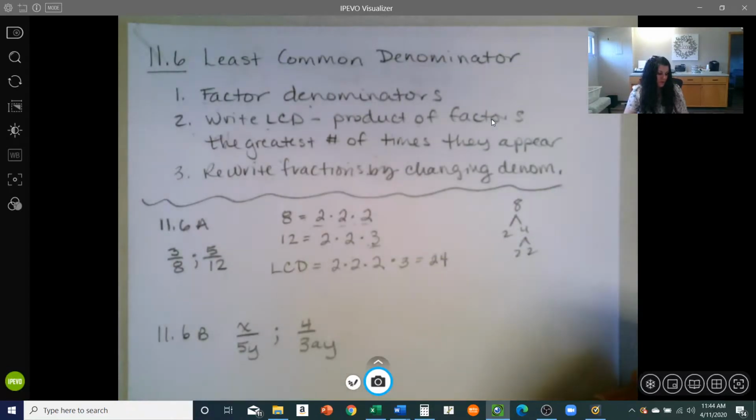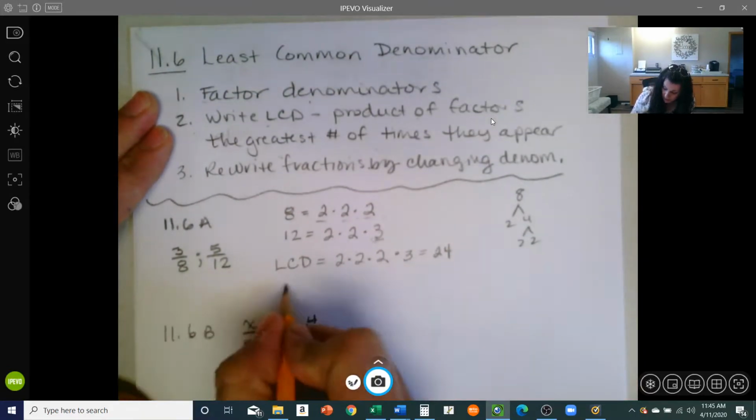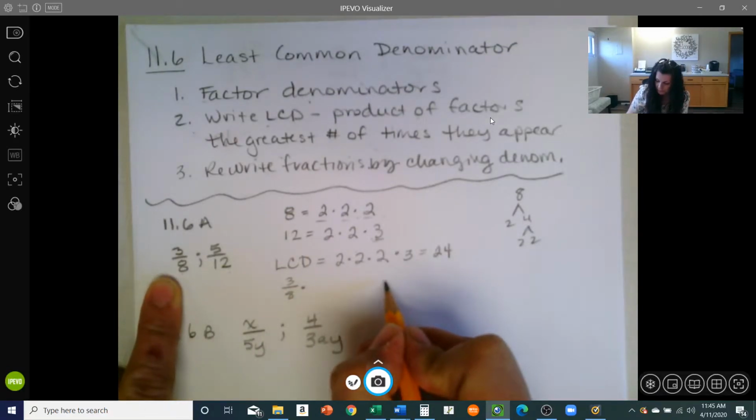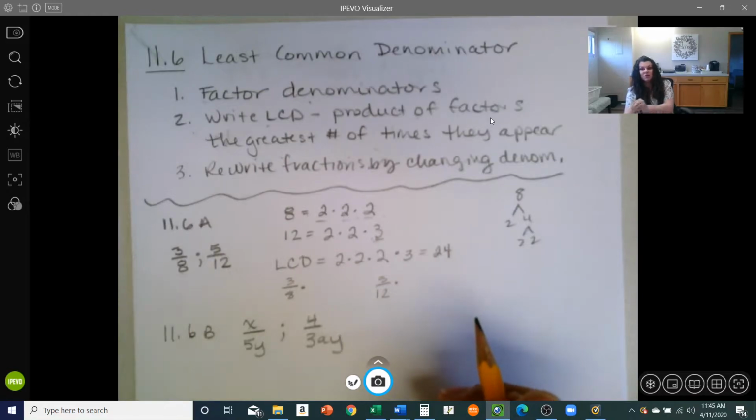And I'm not going to finish this one. Well, no, let's go ahead and finish it. We want a common denominator now. So that means I take my original fractions here, and I'm going to multiply them by a fancy 1. Remember, because I'm not changing the fraction, I'm just changing the way it looks.